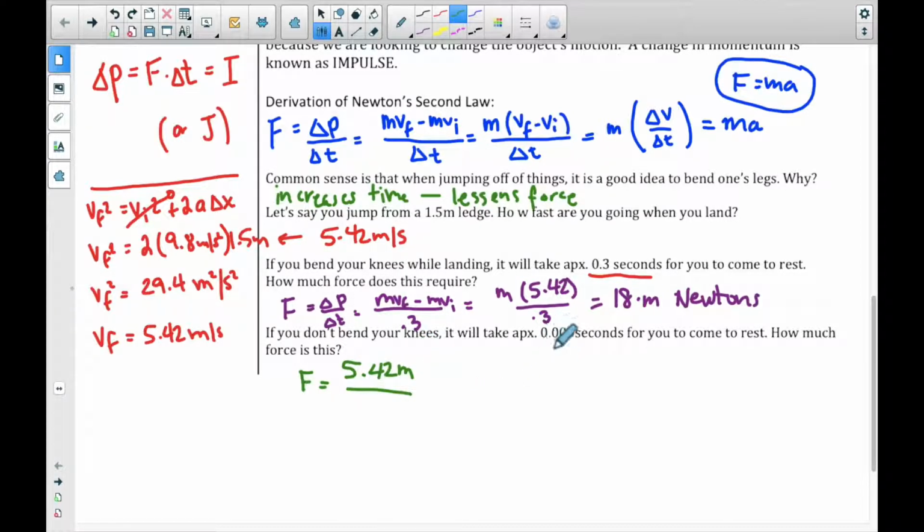But instead of dividing by 0.3, we're going to divide by 0.005. And when we divide that, we get 1,080 times m newtons. So that is 60 times as much force that you're experiencing in your knees. And that's obviously going to affect your whole body a lot differently.